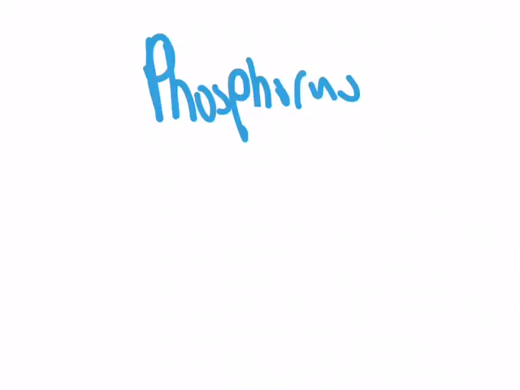So phosphate is an orthophosphate. Two orthophosphates bound via an anhydride linkage form pyrophosphate, PPi. And this is a high-energy phosphate bond, and the hydrolysis of pyrophosphate is thermodynamically favorable.